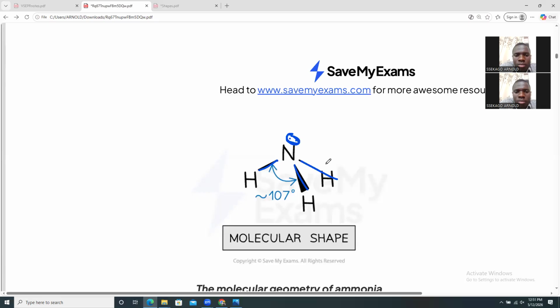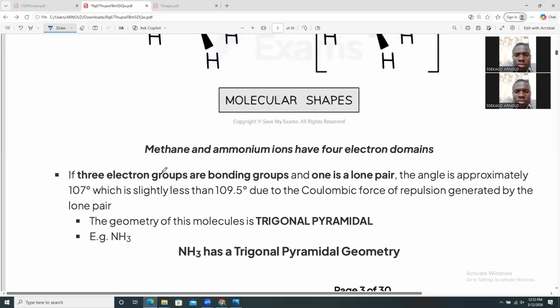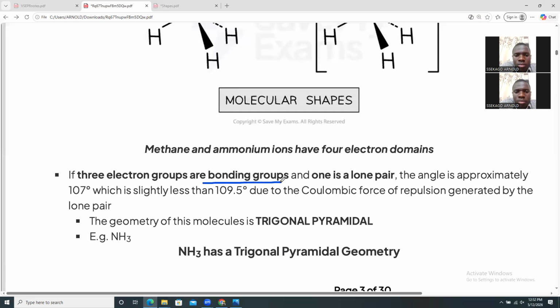We can also have a case where electrons are there. Previously, I defined what an electron group is: a single bond, double bond, triple bond, or electrons. Now, these are 4 groups, so the geometry is tetrahedral. If 3 electron groups are bonding groups, like in ammonia, and 1 is a lone pair, the angle is approximately 107.